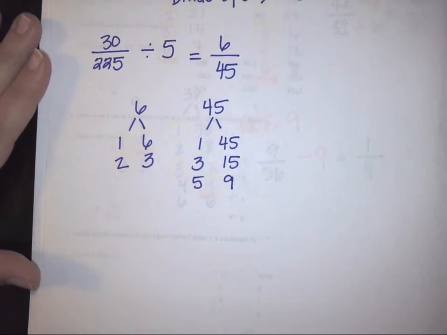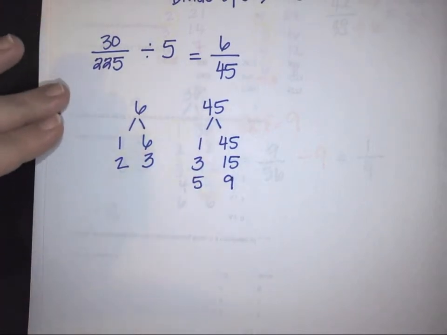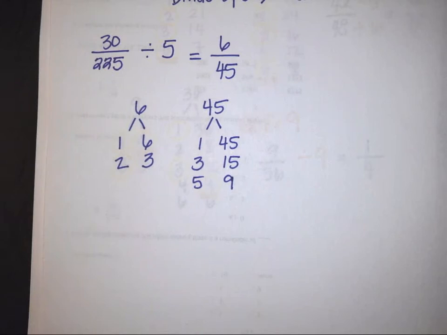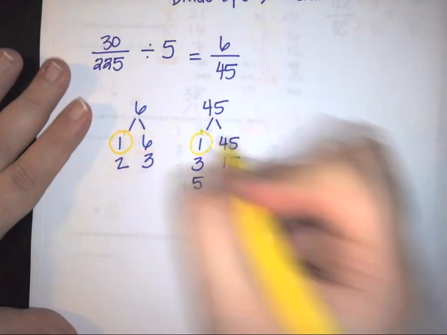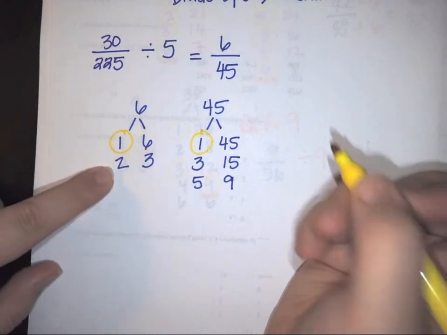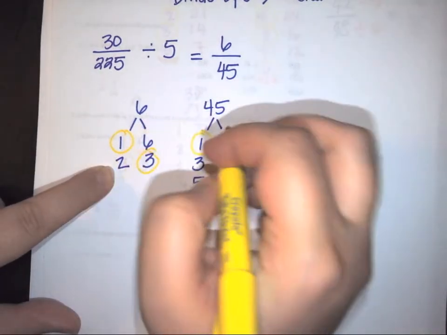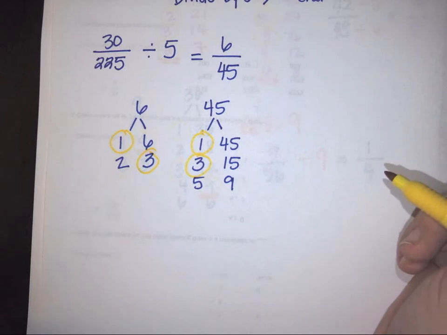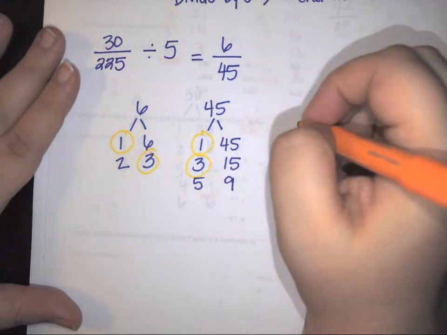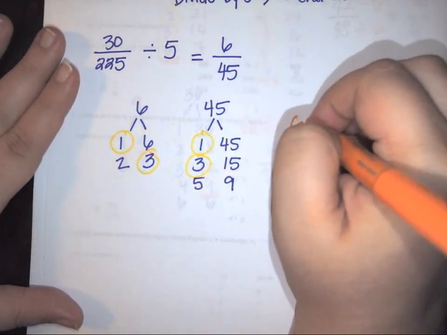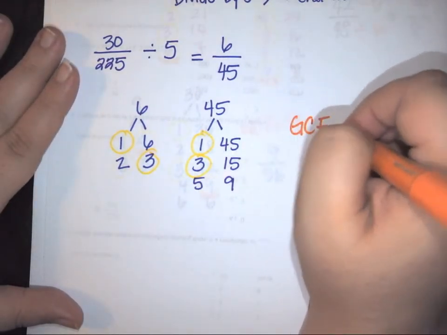So again, I can take a look at what I have in common. So obviously here's a 1, there's a 1. I have a 2 here, but not here. I have a 3 and a 3, and that's it. So when I'm looking at my greatest common factor, my GCF in this case is going to be 3.